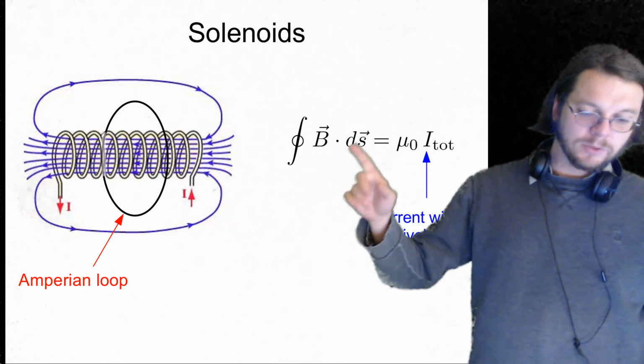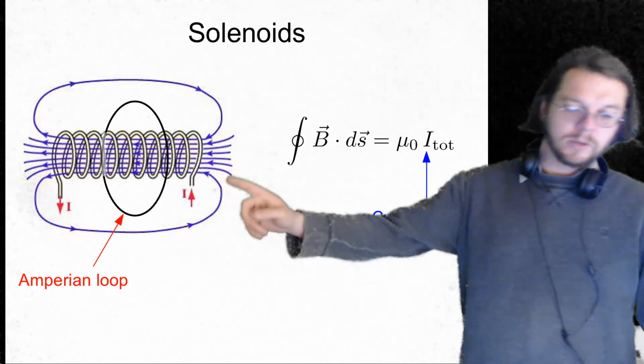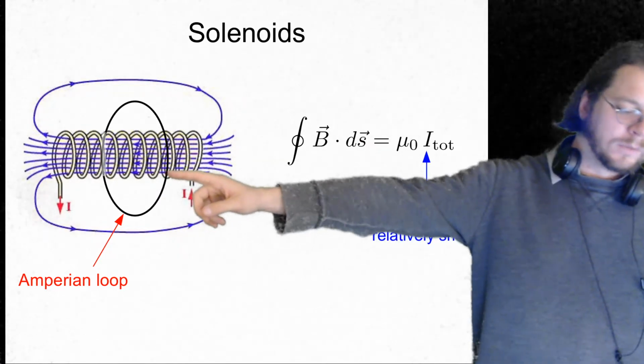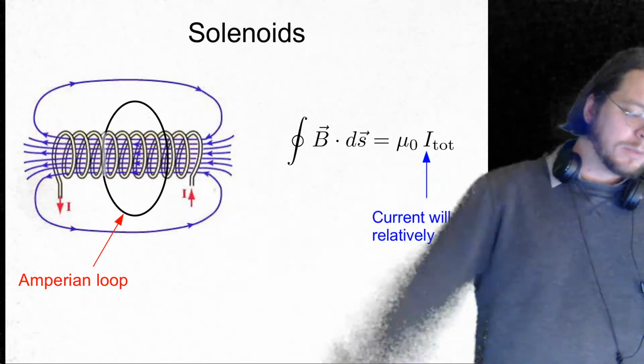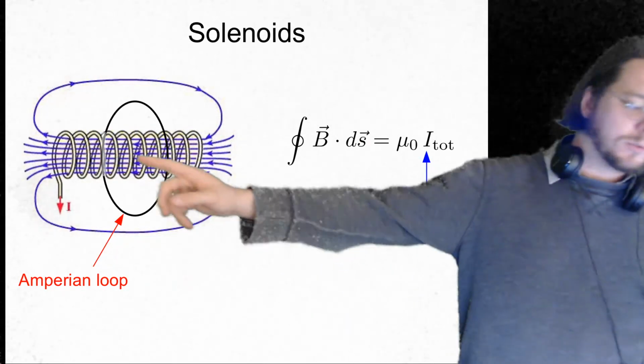The other issue is the current. This is the current through this circle, or through this membrane if you want. The current only punches through once there.